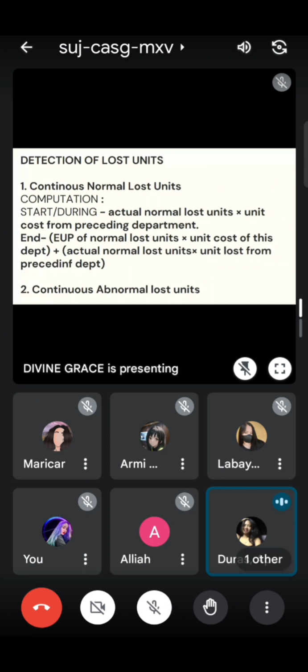In detection of loss units, there are continuous normal loss units and continuous abnormal loss units. Continuous normal loss units occur evenly throughout the production process. It consists of three processes: start of the process, during the process, and the end of the process.